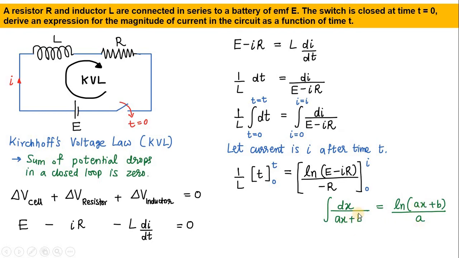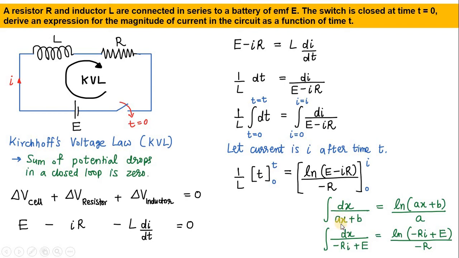So now can we rewrite this equation in this format? Can we compare both of these? Let's try. This integration over here, di upon E minus IR, I can write down as, this is I, okay, sorry for the mistake, this is I, di upon this denominator. E minus IR can be written as minus RI plus E. The same thing in the denominator I have written here as minus RI plus E. Why?